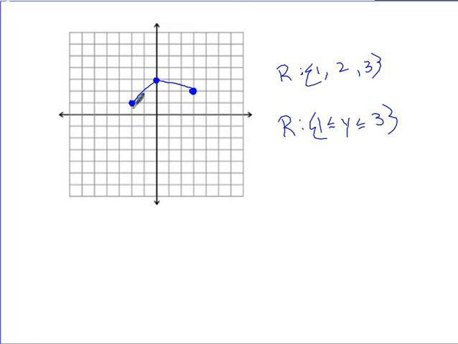Okay, and then I'm going to do the same thing we did for the domain. I'm going to draw arrows. Now my range goes down forever. This end of my graph is going to keep going down. This end of my graph is also going to keep going down. So now my range is not all real numbers. My range is anything that is less than 3.